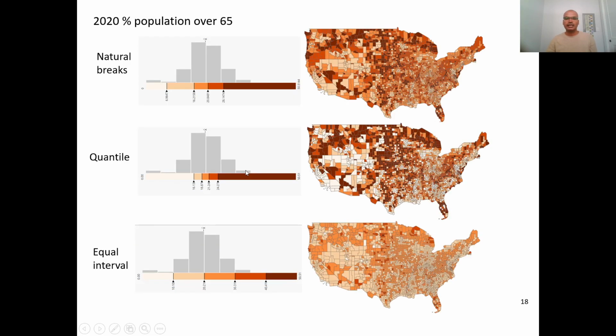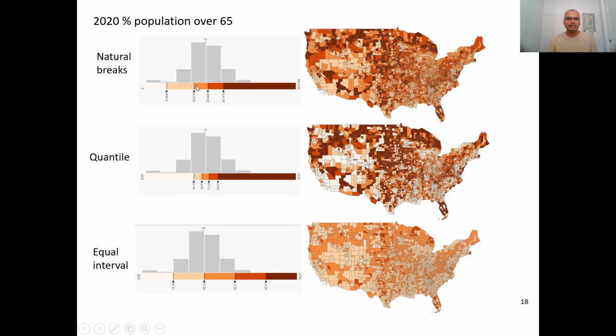Here, if you look, the data is the same in all the maps, but the approach adapted for classifying these maps is different. The first one is using natural breaks, depending upon the breaks in the data, and the class intervals are fixed. It is unequal.